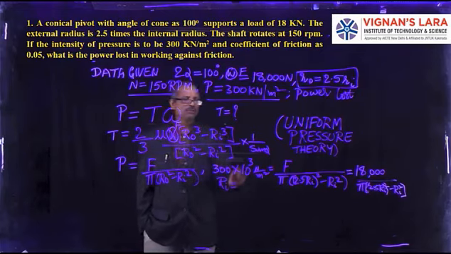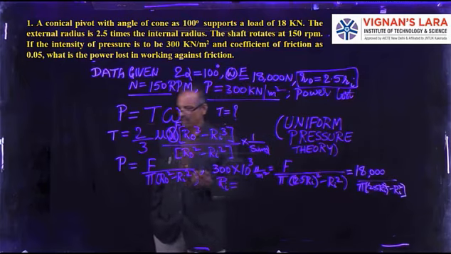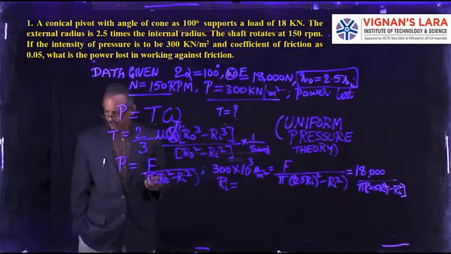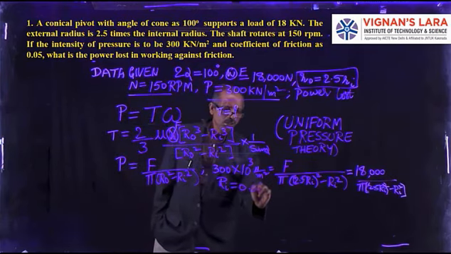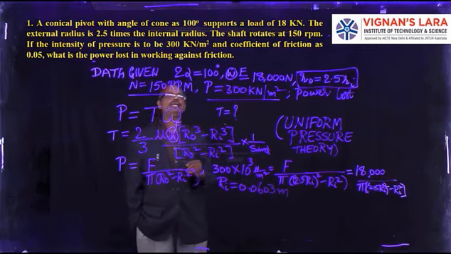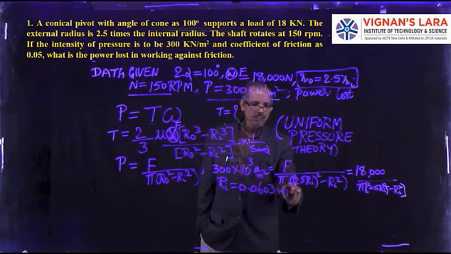So here I have substituted in Newton per meter square. Then I get the value of Ri also in meters. The Ri value which you get is 0.0603 meters. And you have a relation between R0 and Ri.